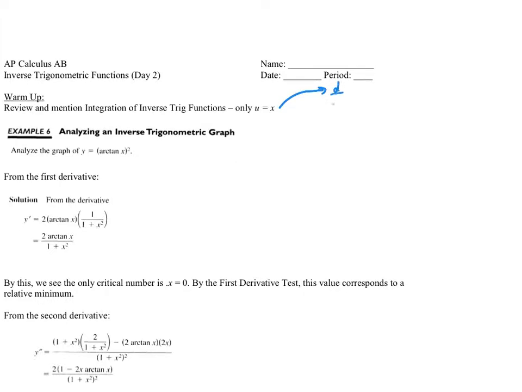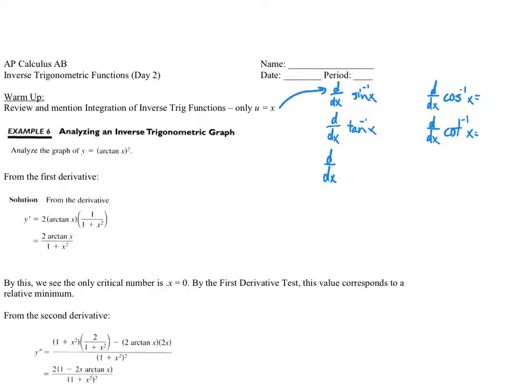So we have the derivative of arc sine, and then we have the derivative of arc cosine. We have the derivative of arc tangent and the derivative of arc cotangent.